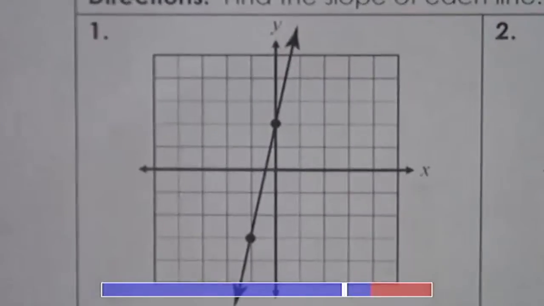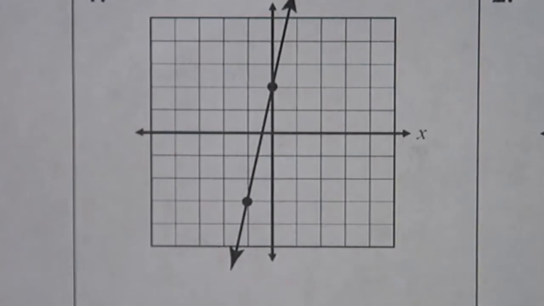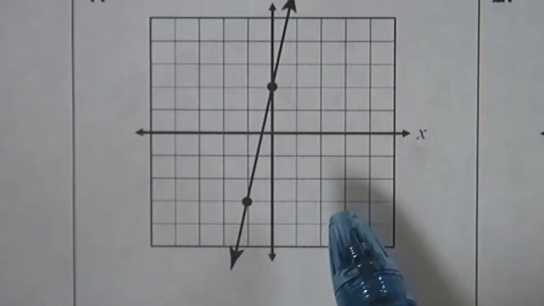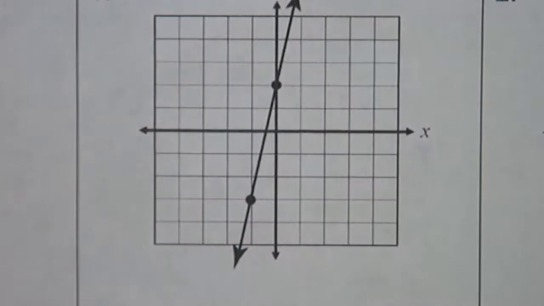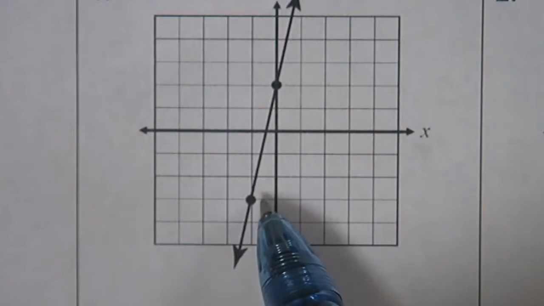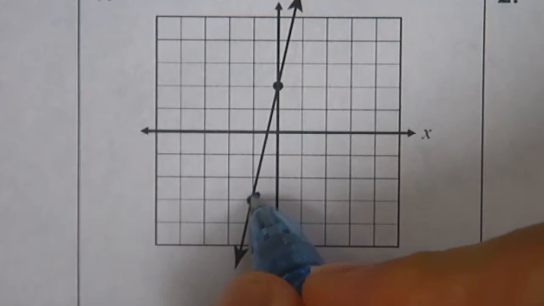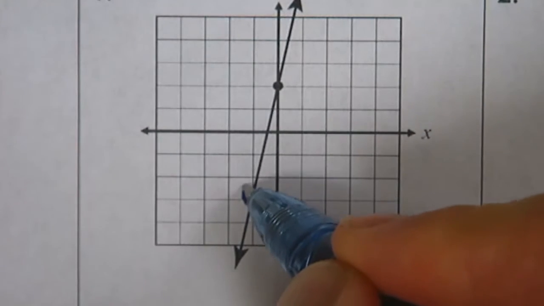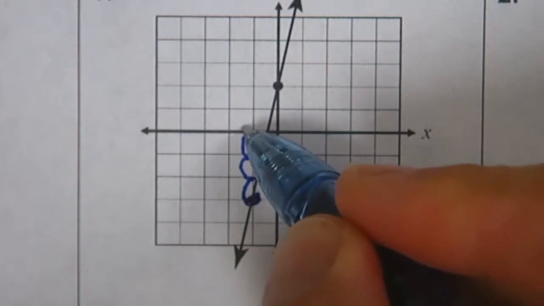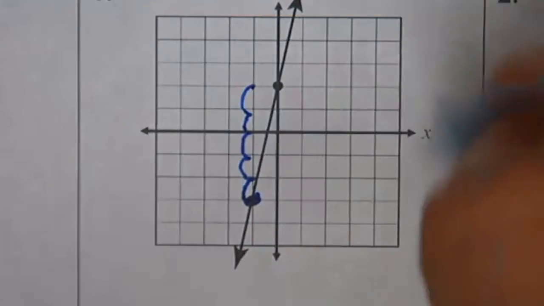In looking at this graph, I can see at first glance this is a positive slope. It's definitely going uphill. So starting on the leftmost point, that is this point here, I'm going to count up. 1, 2, 3, 4, 5. So I went up 5.